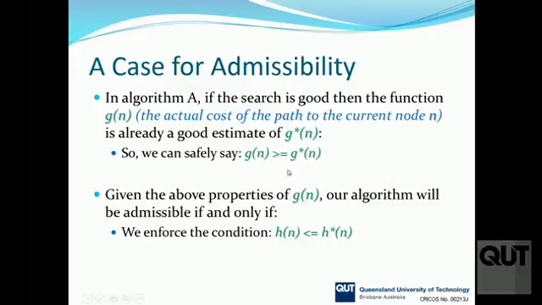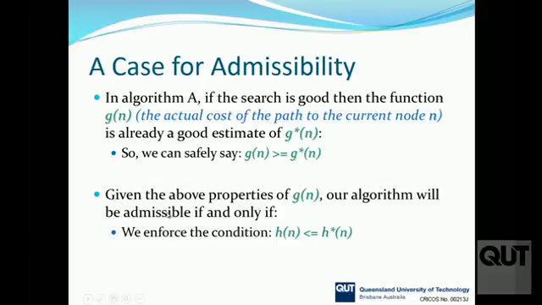Remember, we don't actually have this function. This is just what we would like to have. But we can define conditions, because we know this, we can define this condition around this oracle. We can say our g(n) has to be bigger than or equal to it. We're either on the optimal path, or we've made a mistake somewhere and we're not on the optimal path. It's a bit longer than it should be. That's really what it's saying.